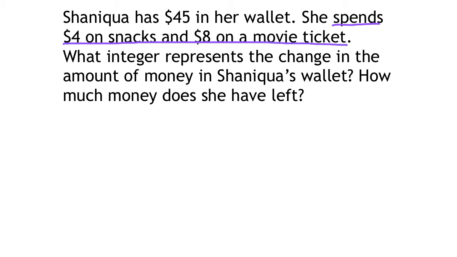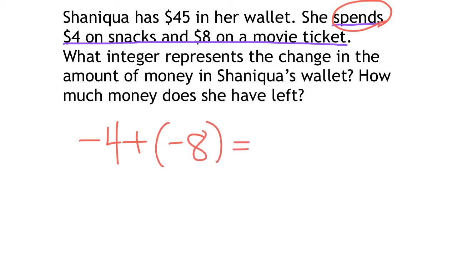The word spends is our negative term, one that we can add to our list in our notebook. So if she spends $4 and spends $8, she has now spent $12. Negative 12 is the integer representing the change.